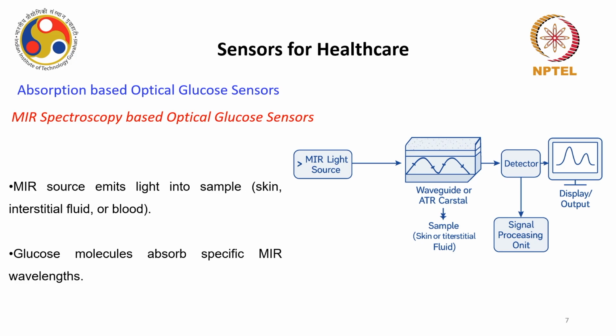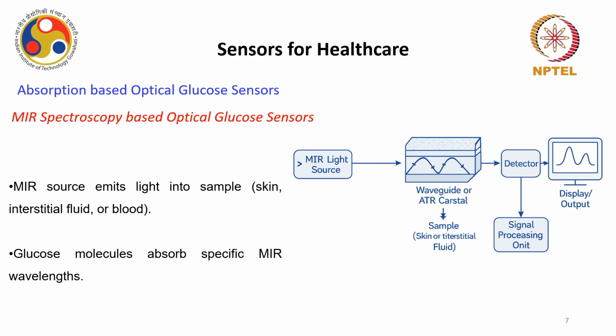Very similar to NIR spectroscopy, we have an MIR light source. This MIR source emits light into the sample. This sample can be skin, interstitial fluid, or blood, depending on what kind of device you are utilizing, whether it is non-invasive or minimally invasive.